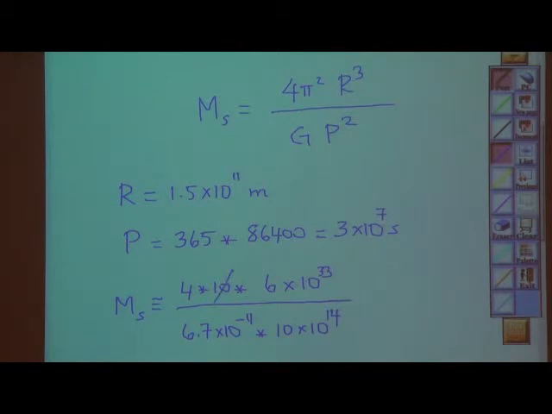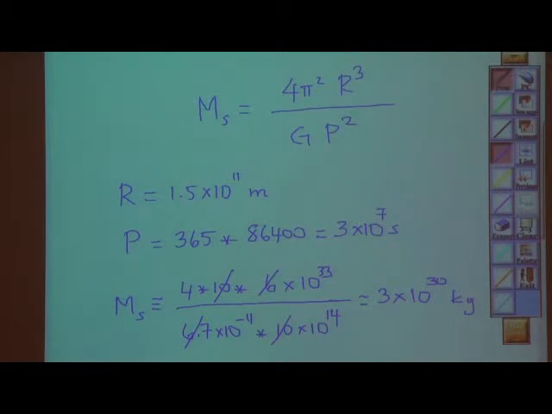So you cancel things easily. It's a little less than 4 because there is 6.7. So let's say it's 3, roughly, approximately. 10 to the 33 minus 11 plus 14, so there is minus plus 3 down here. So it's about 3 times 10 to the 30, and the unit is kilogram, because we do this in SI.